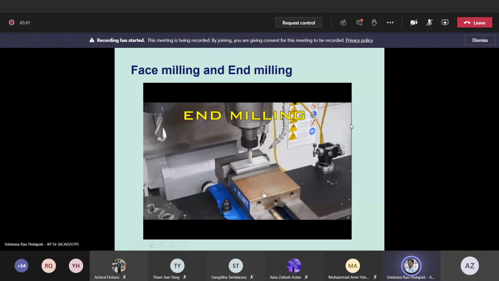So now the other is end milling. End milling is slightly different from face milling. Let us see the difference, and you try to understand how it is different. From the video, if you try to understand; if not, I will give you the sketches.